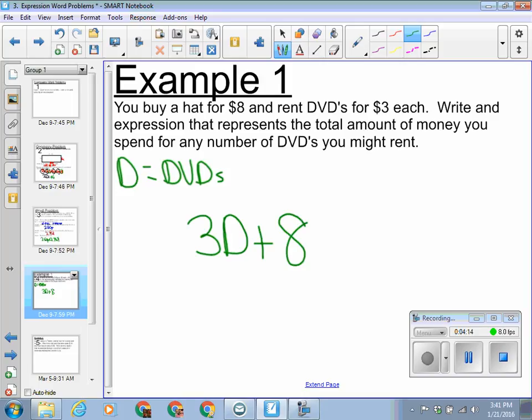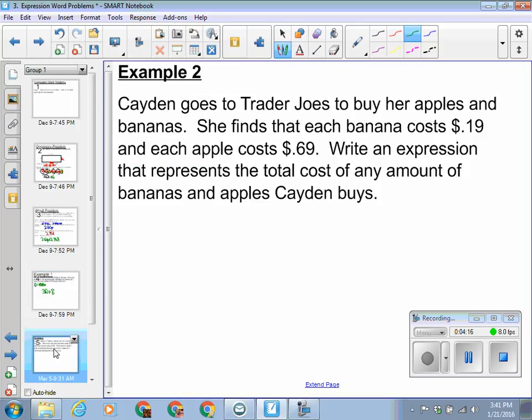Okay, a little more complicated now. Kaden goes to Trader Joe's to buy apples and bananas. She finds that each banana costs 19 cents and each apple costs 69 cents. Write an expression that represents the total cost of any amount of bananas and apples Kaden buys. So let's go ahead and define variables. We'll use A for apples and B for bananas.